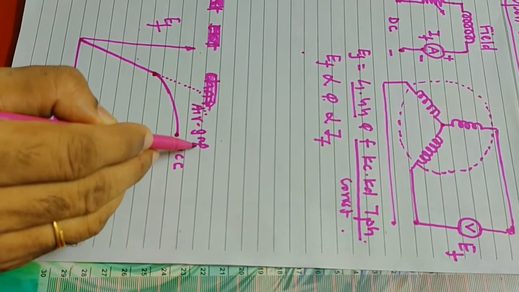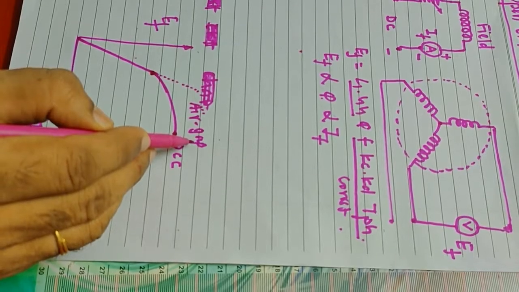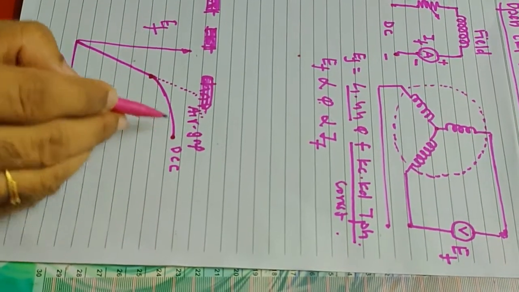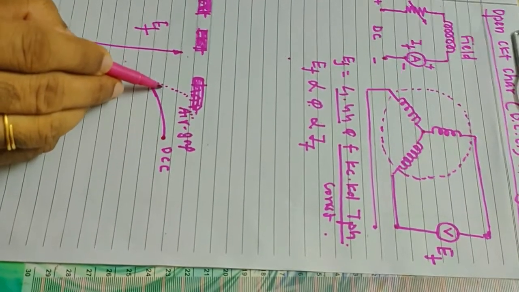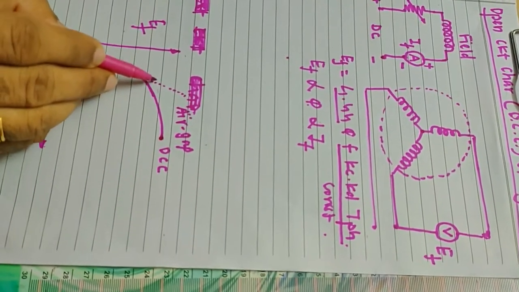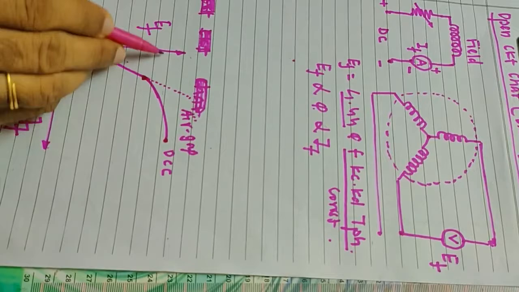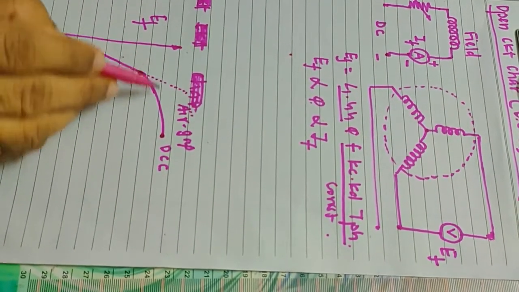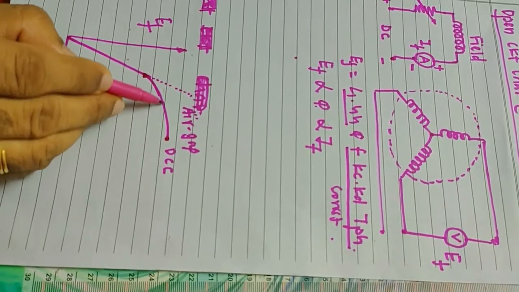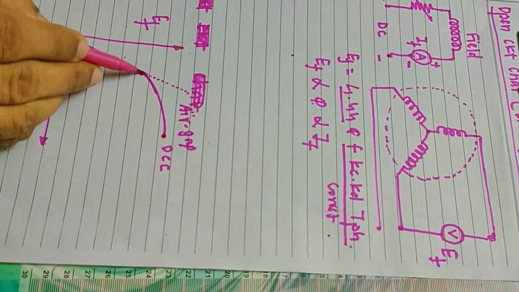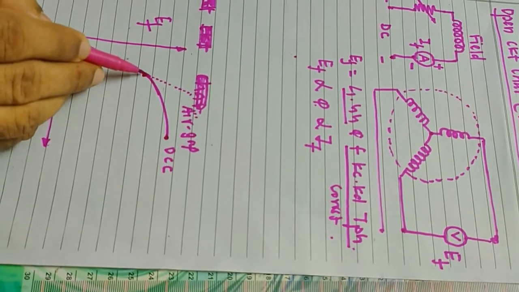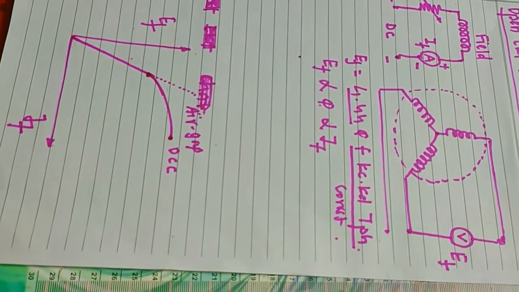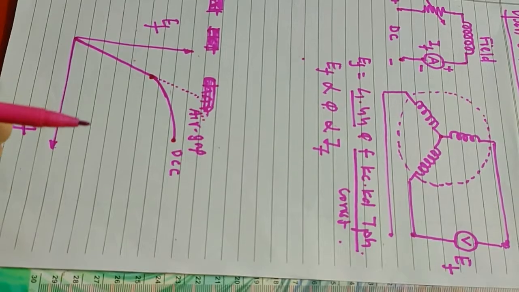So the air gap line is also an open circuit characteristics when saturation is neglected. This side is the MMF for the air gap, and this side is the MMF for the iron part. Before this point there is no MMF for the iron part, so the OCC is the characteristics.